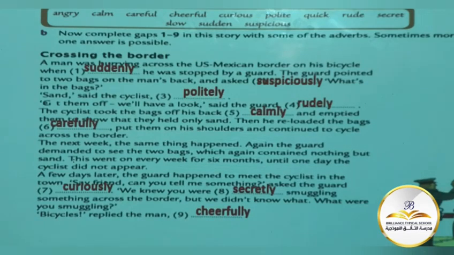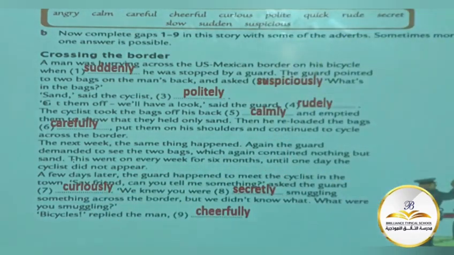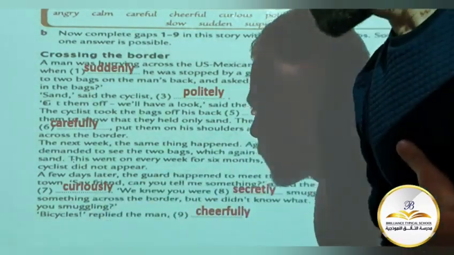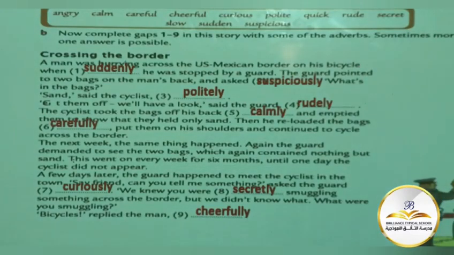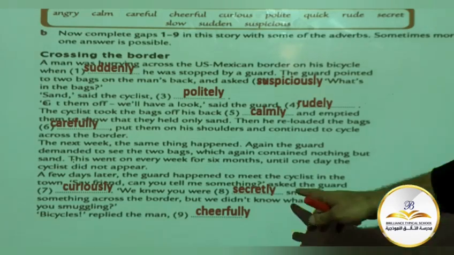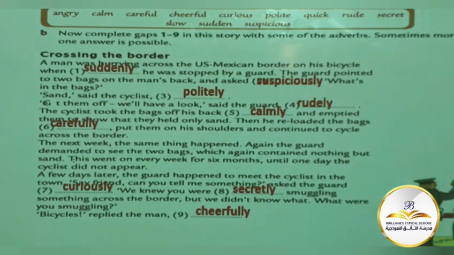A few days later, the guard happened to meet the cyclist in the town. He said to the cyclist, "Say, friend, can you tell me something?" asked the guard curiously.